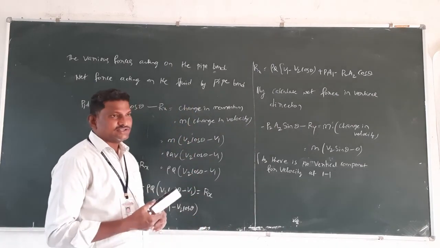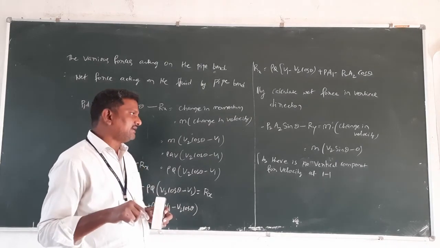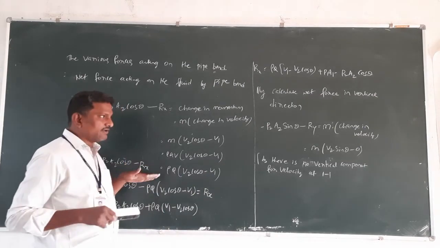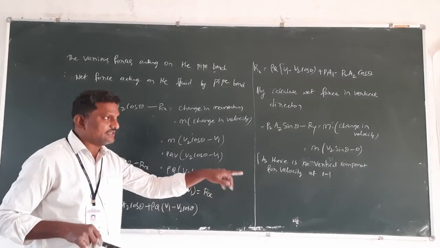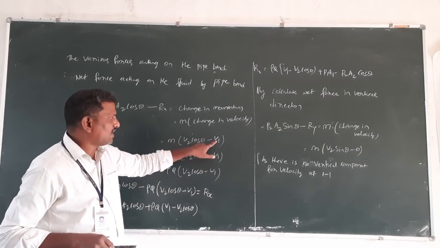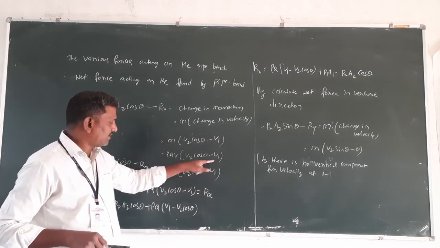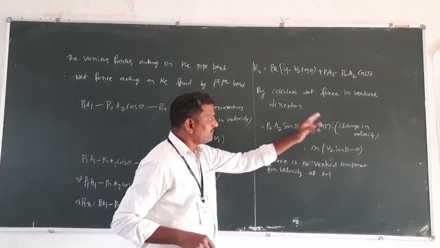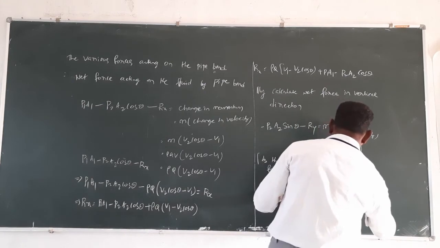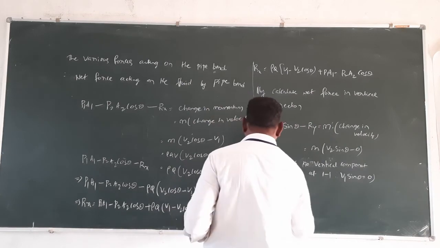Because we can resolve this V1 into two components, V1 cos 0 and V1 sin 0, because at the inlet the fluid is flowing horizontally. Cos 0 is 1, that is why we got the term V1. But V1 sin 0 is equal to 0. Therefore V1 sin 0 is equal to 0.